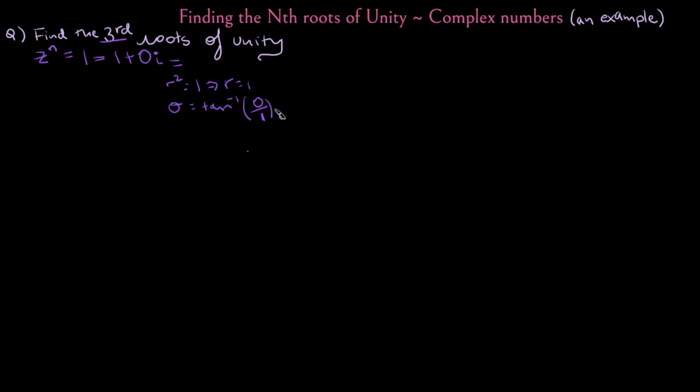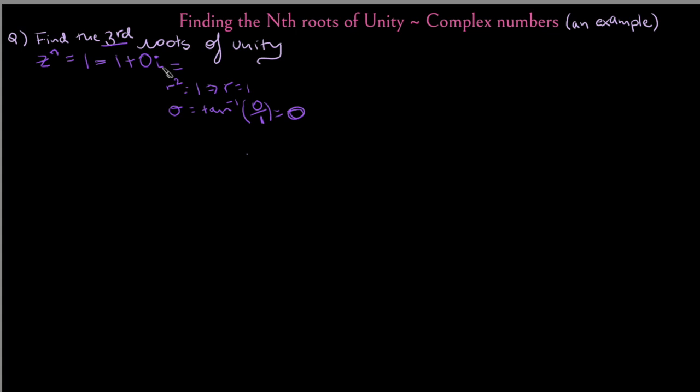So that's tan inverse of 0, which, since we know that a is positive, is 0. Okay, so we know that this can be written as r into e to the power of theta i. So in this case, r is 1 and theta is 0, so it's e to the power of 0i.